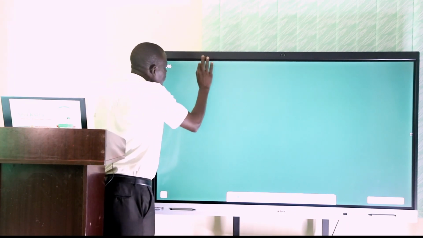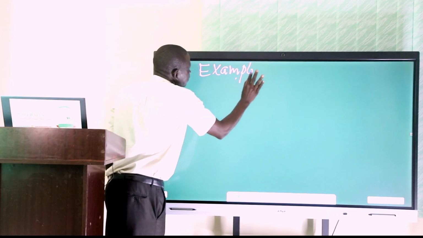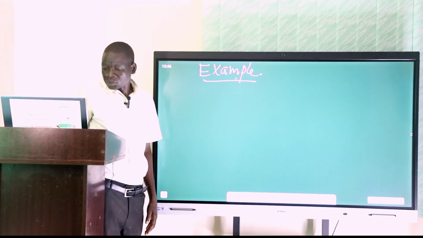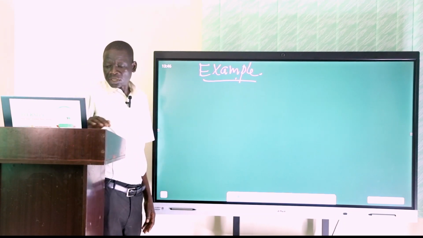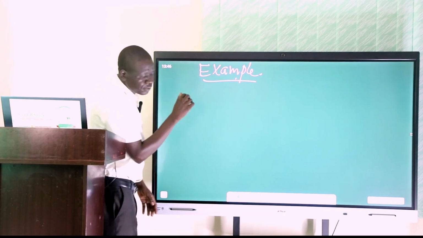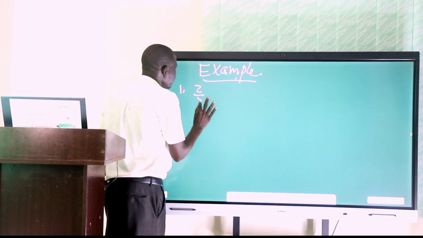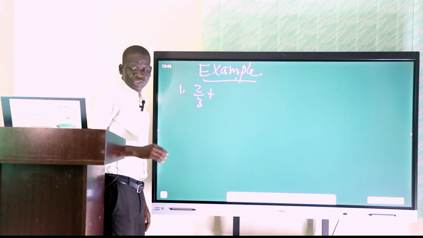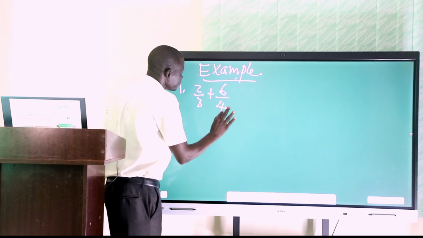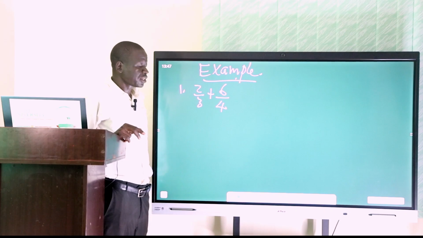For example, if the denominators are not the same, add 2 over 3 plus 6 over 4. We can have a case like that one.